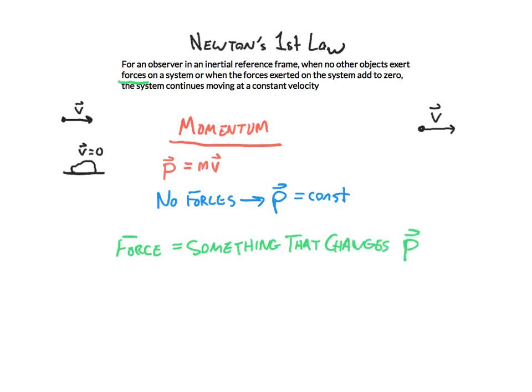And so mass can be thought of as how much an object resists having its momentum changed. For example, this is why it takes a larger force, and it's harder, to change the direction or the motion of a train as opposed to a hamster.